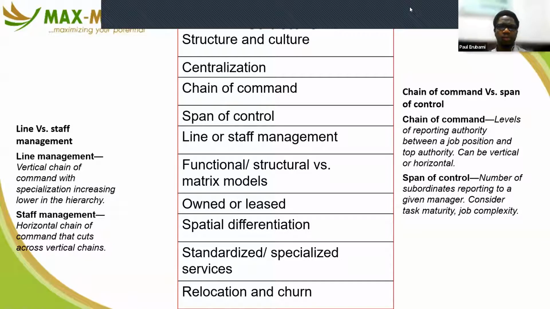This structure could be line versus staff, or what we call vertical chain of command versus horizontal chain of command. And then within the structure, there is an authority level for every position, every level within that structure.